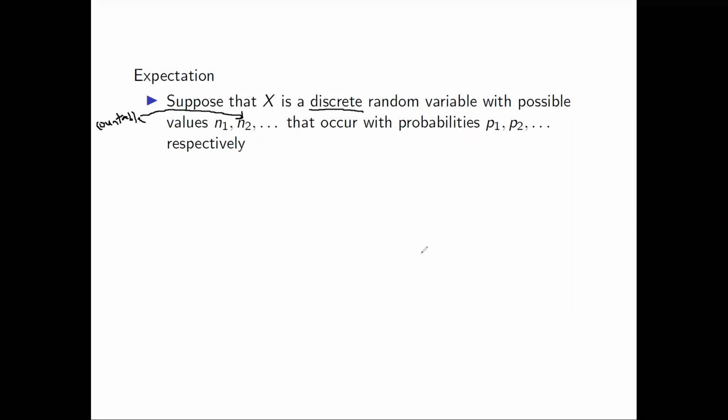And we'll assume that the values n1, n2, and so on occur with probabilities p1, p2, p3, and so on. And we'll assume that those are the respective probabilities. So the probability of having the value ni is equal to pi. And we're saying the probability that x equals ni is pi.